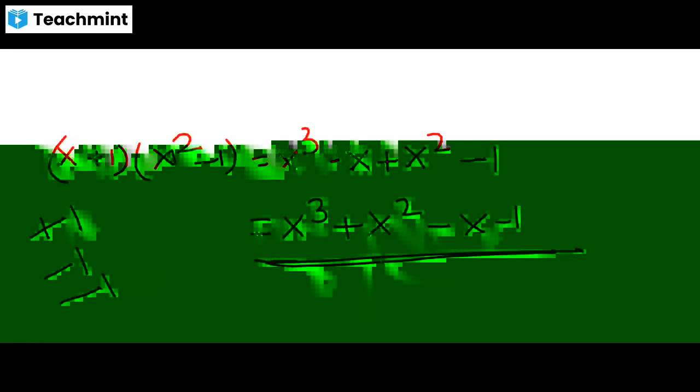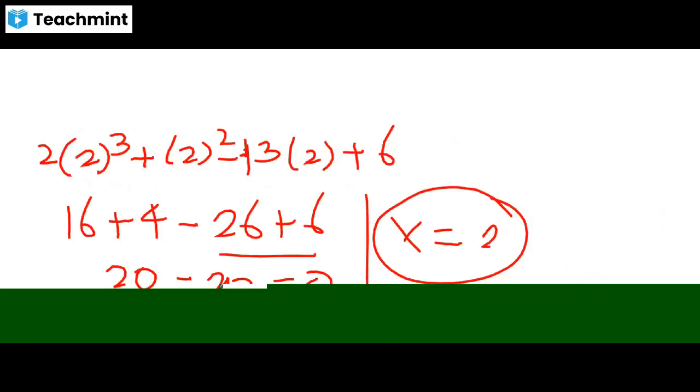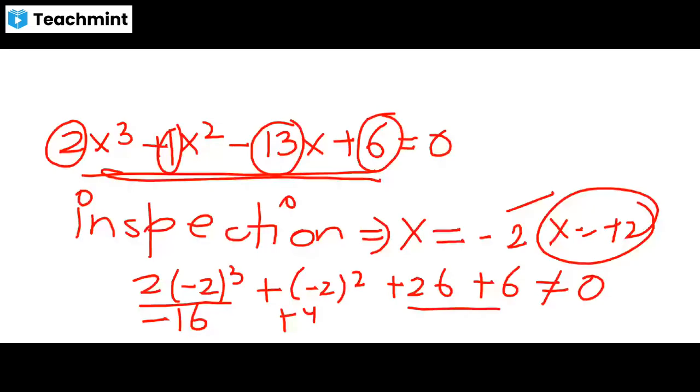Let's see the Horner synthetic division method. So write down all the coefficients of the variables: 2, plus 1 over here, minus 13 from here, and plus 6 from here, right? So 2, plus 1, minus 13 and 6.